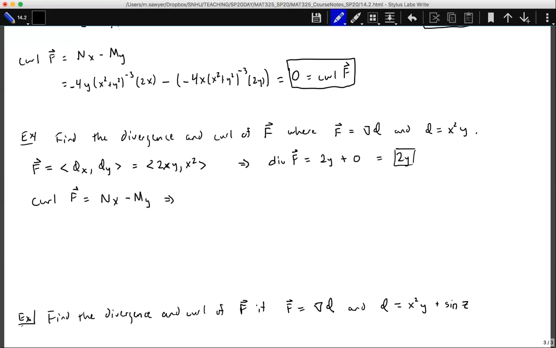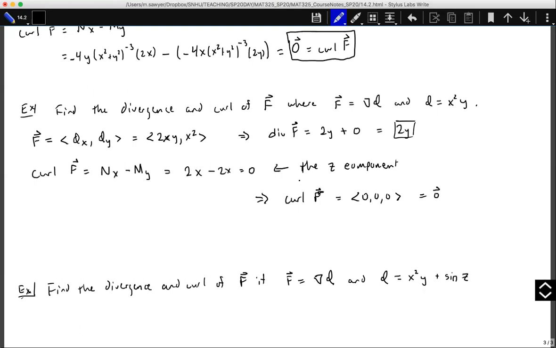The partial with respect to x of my second component is 2x, the partial with respect to y of my first component is 2x, so this gives me 0. And this is in the z component. So technically, my curl is a vector because it's a cross product. So my curl would be equal to the 0 vector.